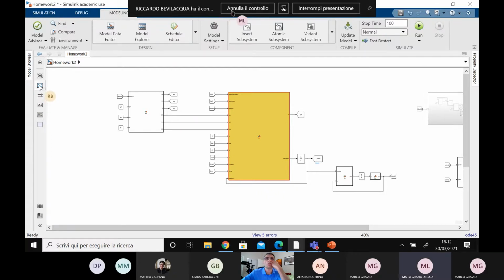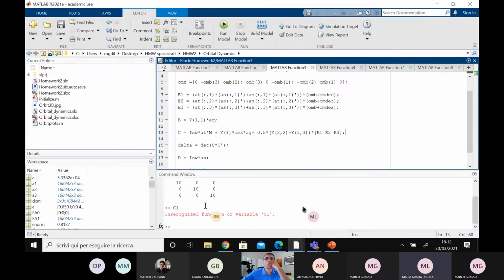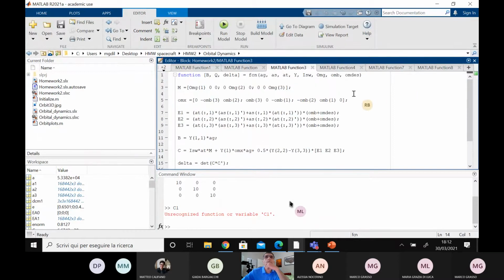Okay, this is what is happening, right? Yes. And then it goes in here. What else? Basically everywhere. Here and here. So this block is doing what? This block is doing the matrices, right?